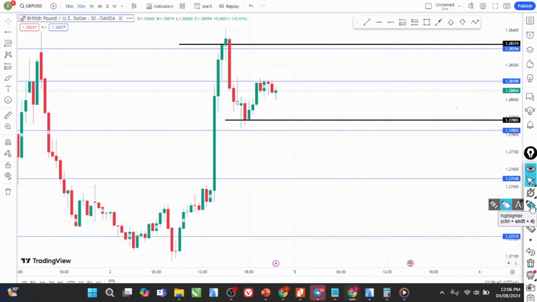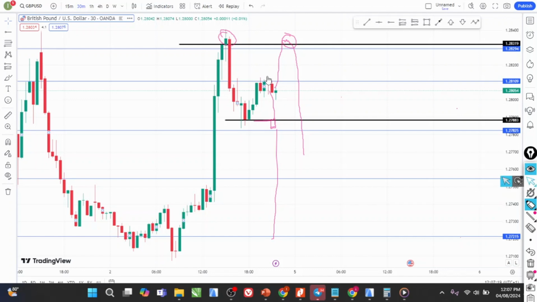If GBP USD will buy, it will be a short-term buy. So either buy to this level, which will complete this leg to become a double top. You understand? Then to start selling from there. Or it will break out of this support level, close below this support level, then it will start selling from here.